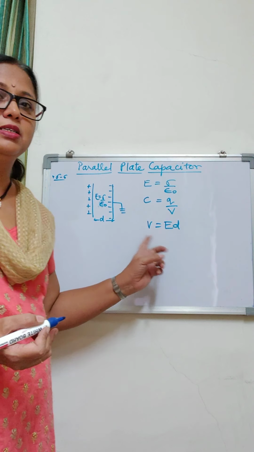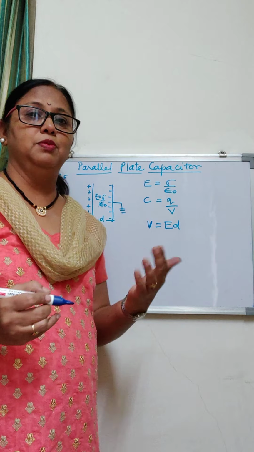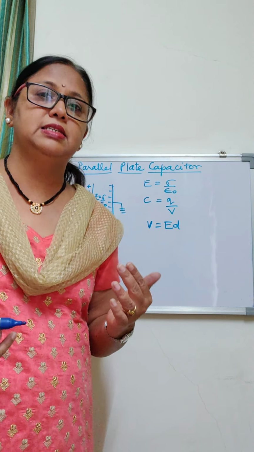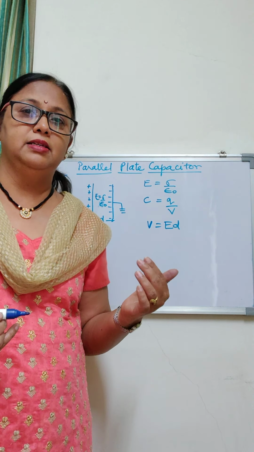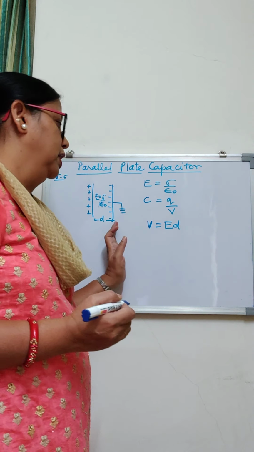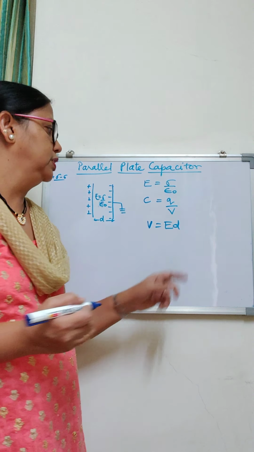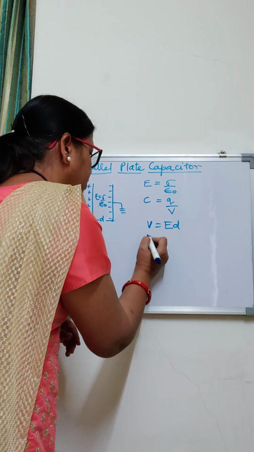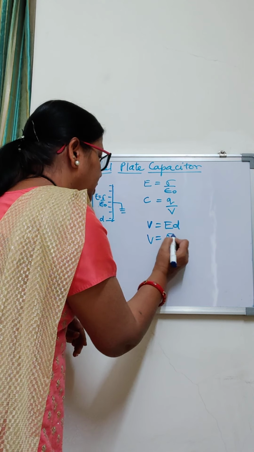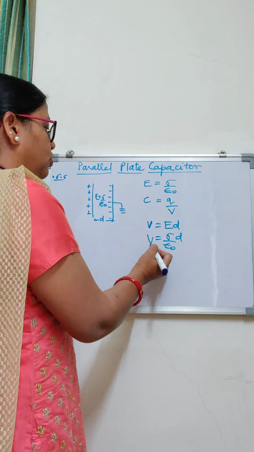You must be remembering the formula V equal to minus E dot dr, which we had derived. Here, for the plates of the capacitor, the potential difference is E into d. Substituting E as sigma upon epsilon naught into d, this is the value of V.